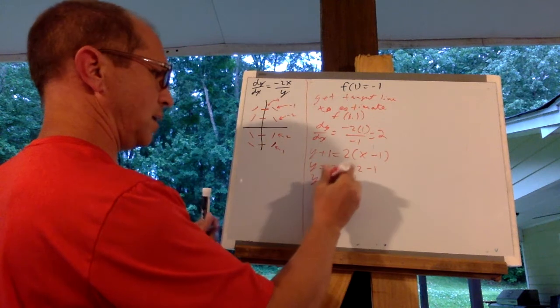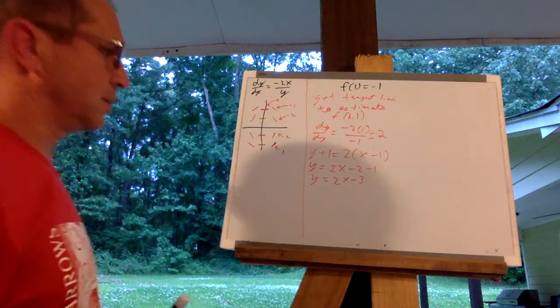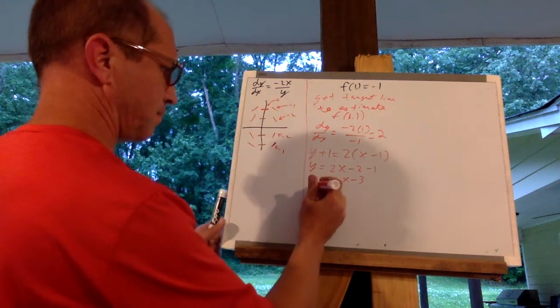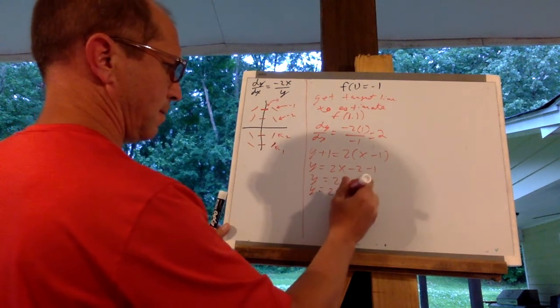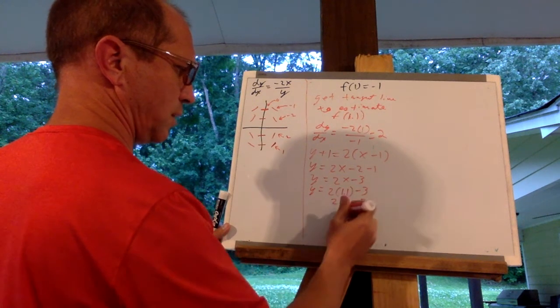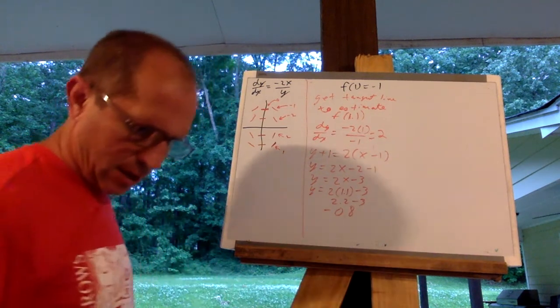So y equals 2x minus 3. So we plug in 1.1. So it's 2.2 minus 3, which would be negative 0.8.